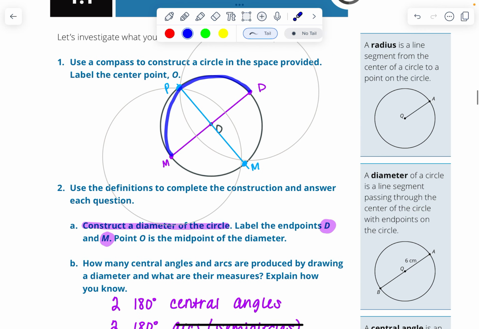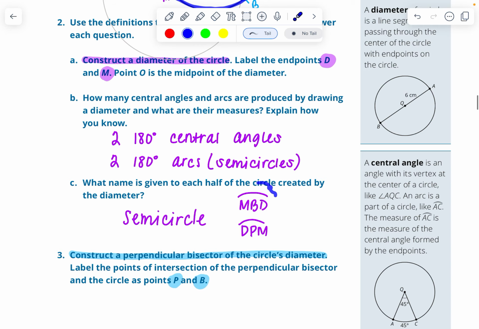And then, oh, that's supposed to be a B, sorry. All right, MBD, right there.